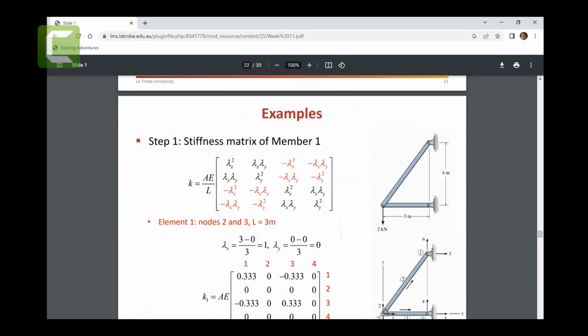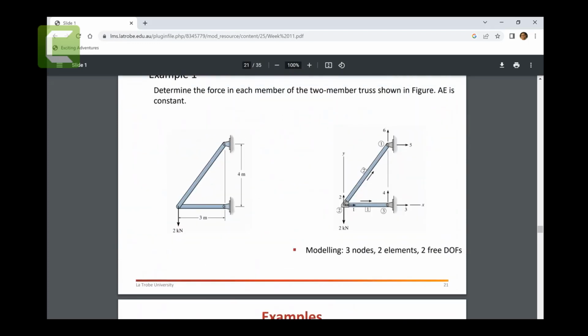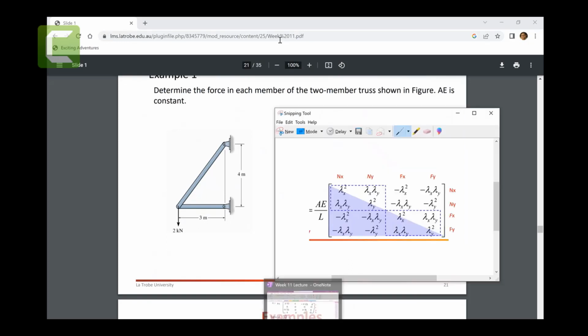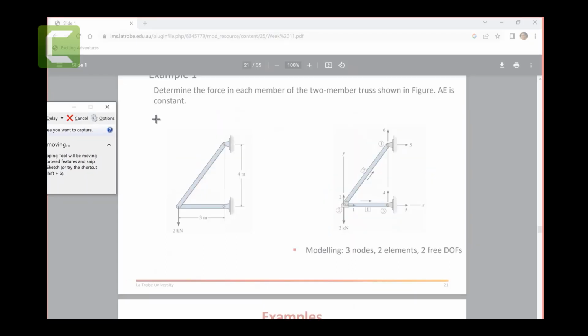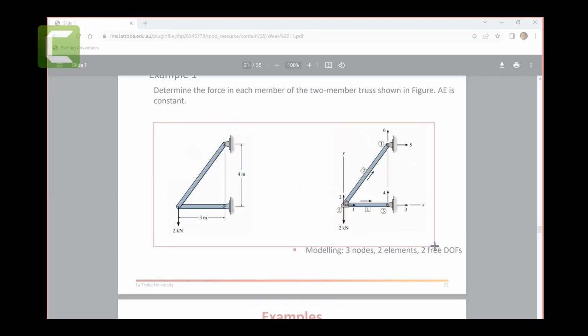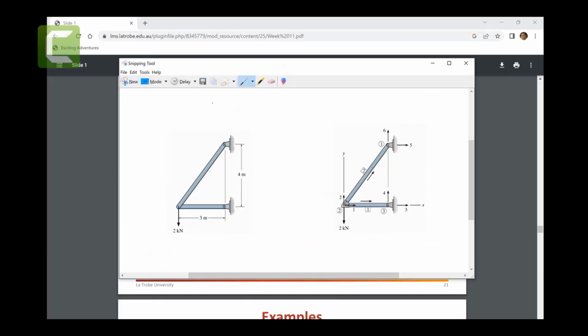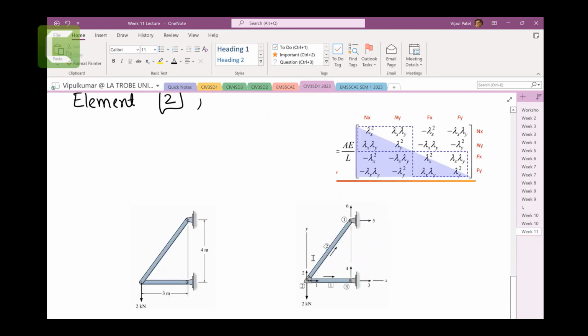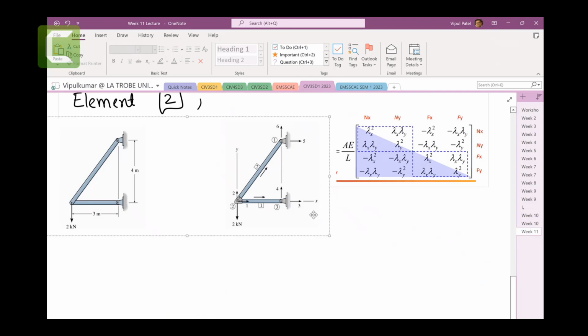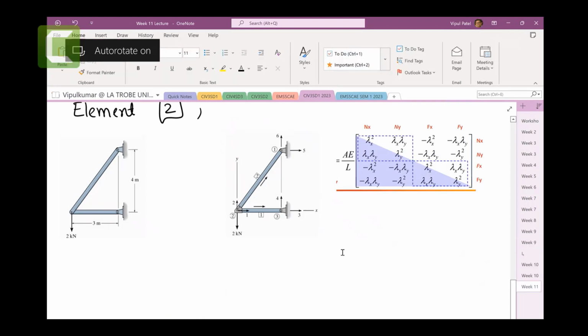There you go. This is element number 2. All right. So that is the element number 2.